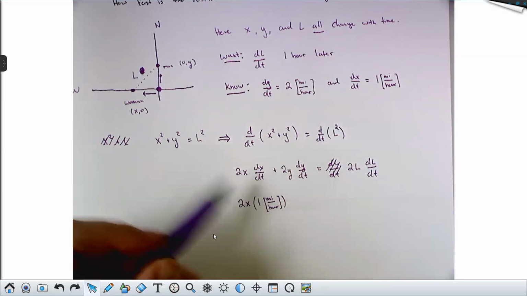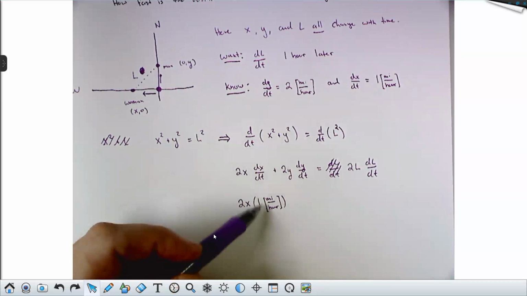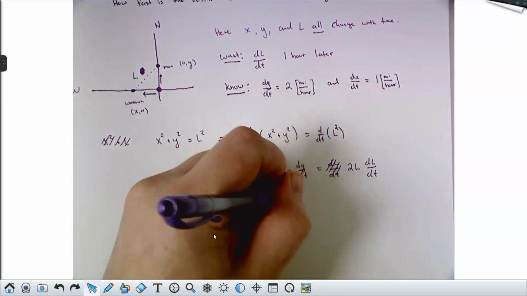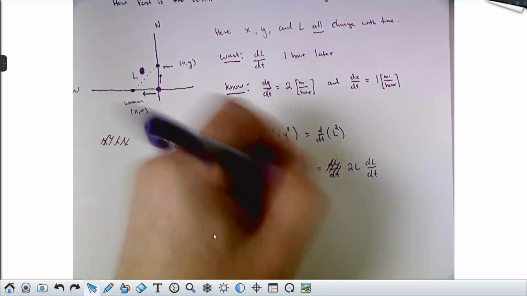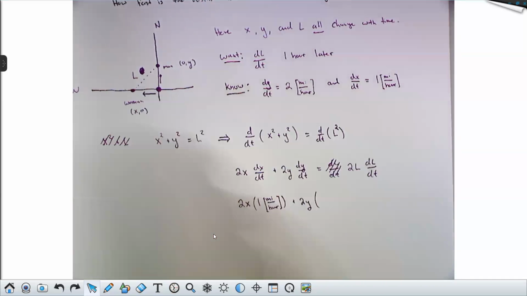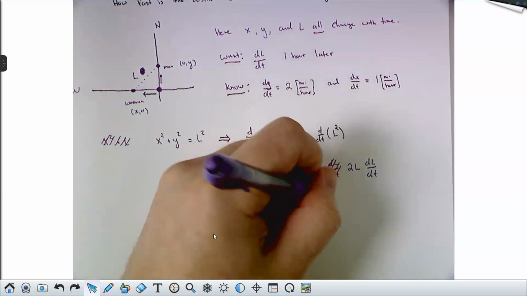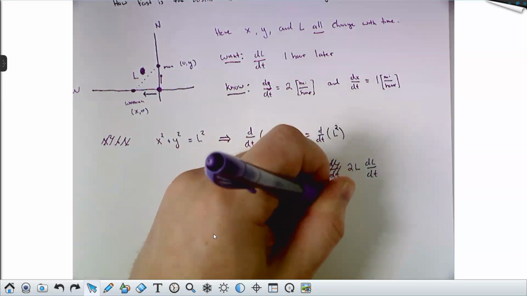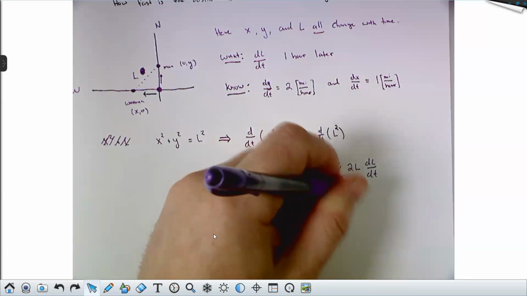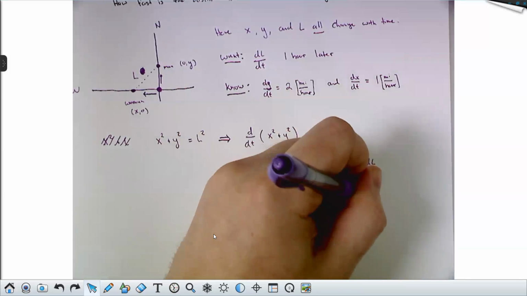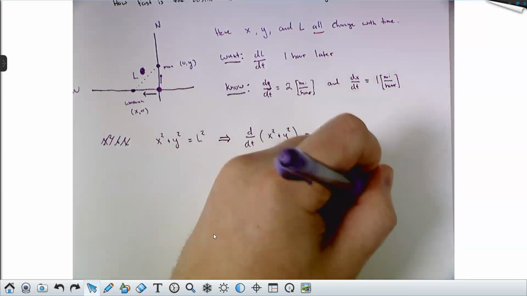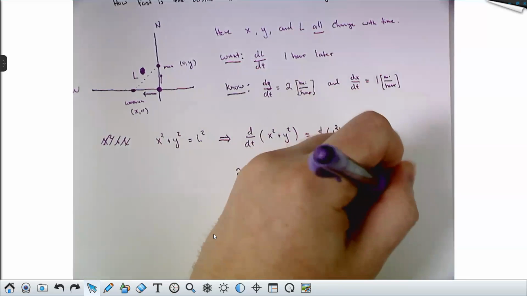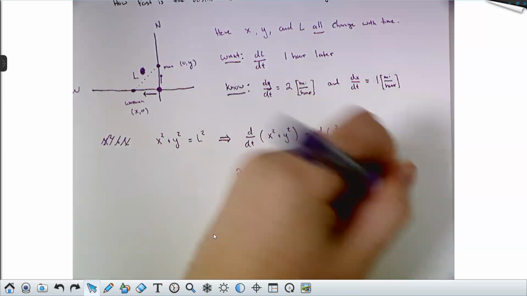All right. So we've got 2x dx/dt. That's 2x times 1 mile per hour plus 2y dy/dt. dy/dt is 2 miles per hour. And over here, I don't know any of this stuff. This is 2L dL/dt.